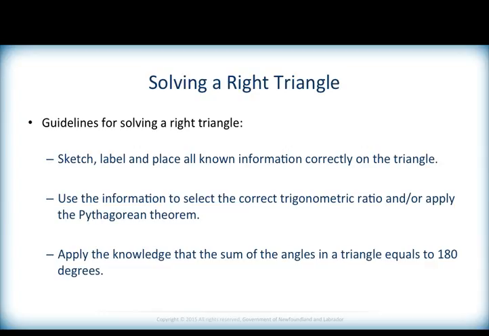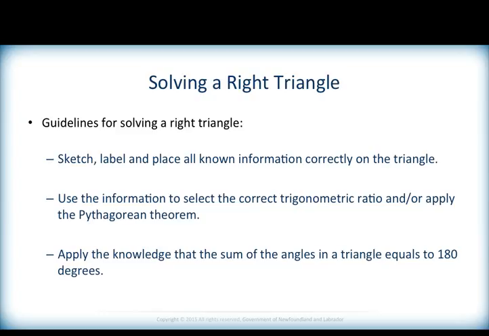So there are some guidelines to help you solve a triangle and to help you realize where to start. If given a question where there is no diagram, it is important to first sketch that diagram, label all the sides, and place all known information correctly on the triangle. Drawing a correct diagram is very, very important.